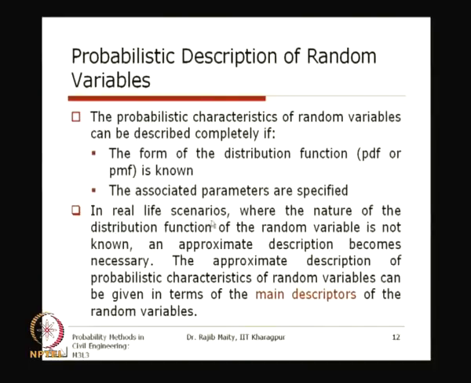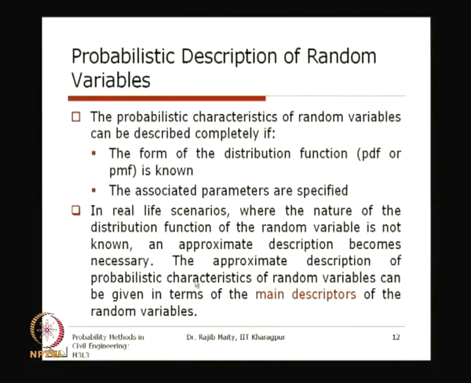Now, in real life scenarios where the nature of the distribution function of the random variable is not known, an approximate description becomes necessary. The approximate description of the probabilistic characteristics of the random variable can be given in terms of the main descriptors of the random variable.